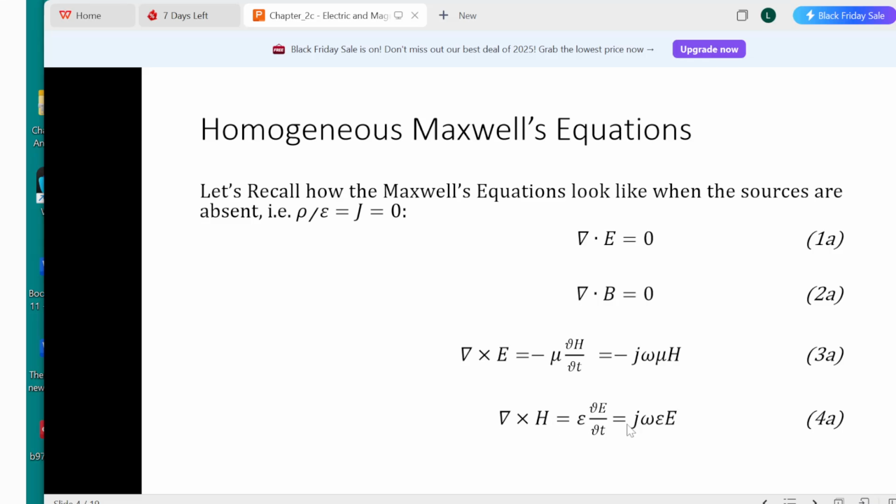So we end up with this equation. Okay? So Faraday's law and also Ampere-Maxwell law.